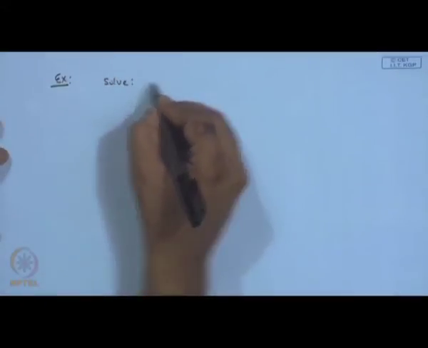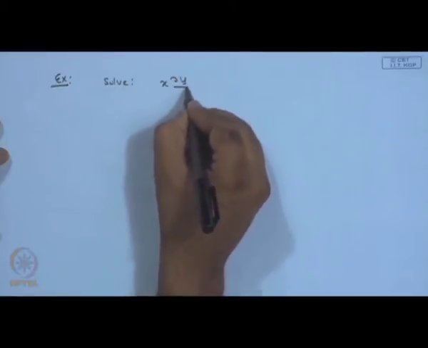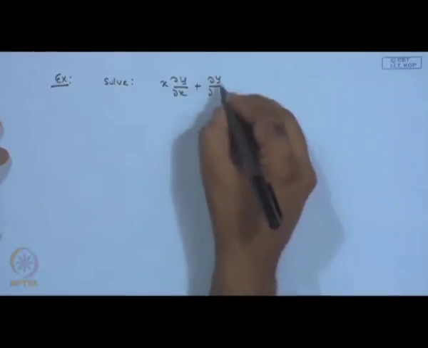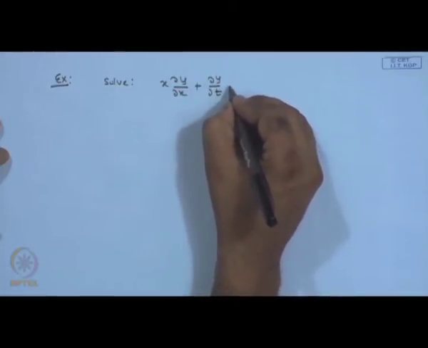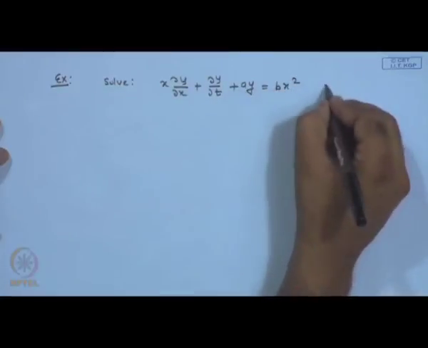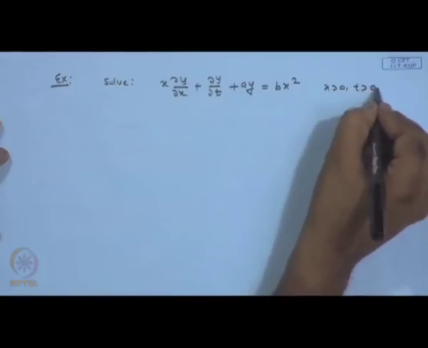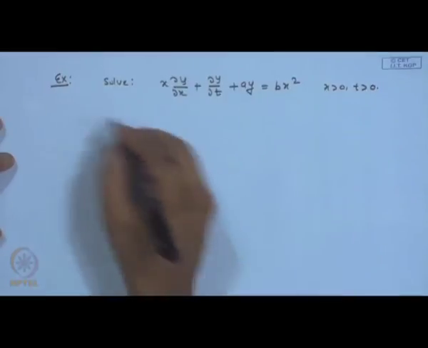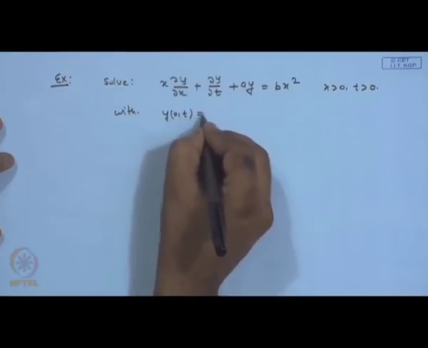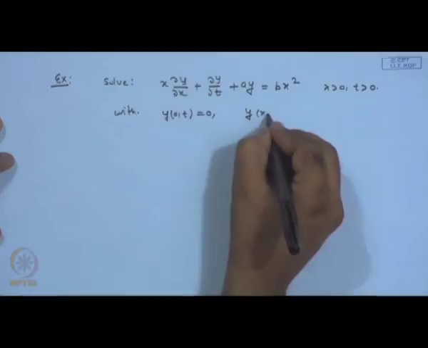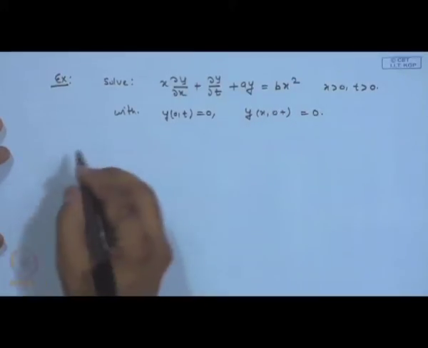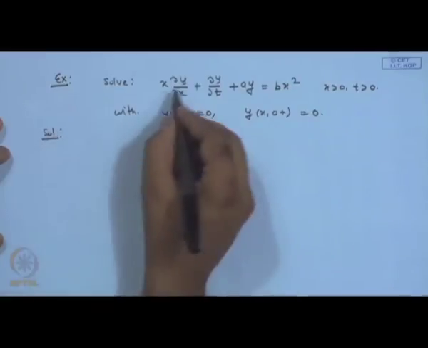So, here we solve x del y over del x plus del y over del t plus a y equals b x squared, with x positive and t positive, and with the given conditions that y(0,t) is 0 and y(x,0) is 0. Take the Laplace transform.